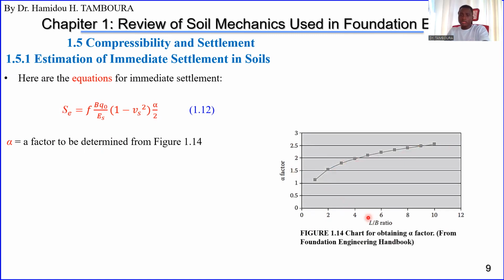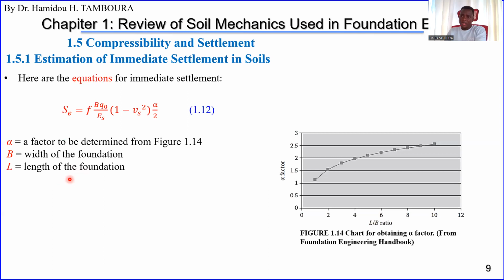L over B, where L is the length of your footing, and B is the width of the footing. Depending on the ratio L over B, you can determine the value of alpha.